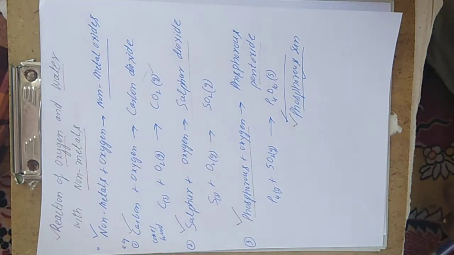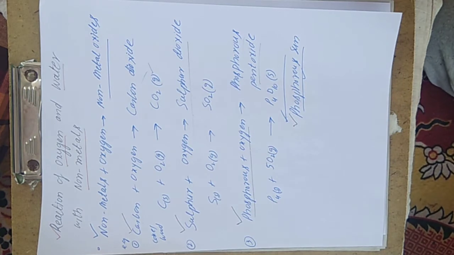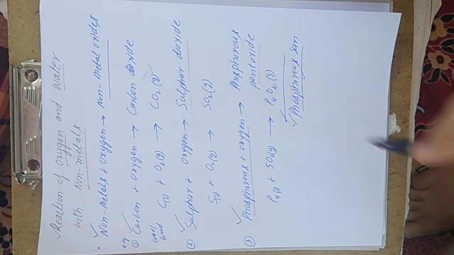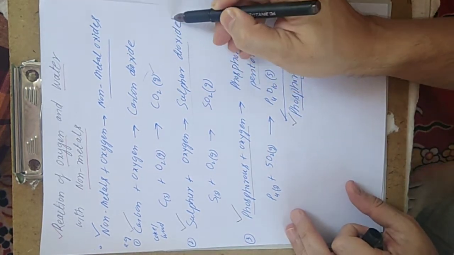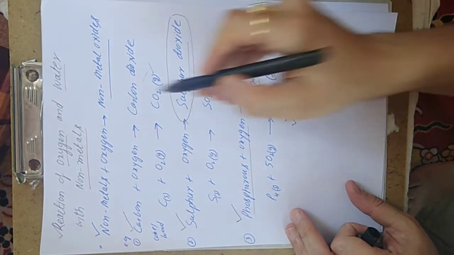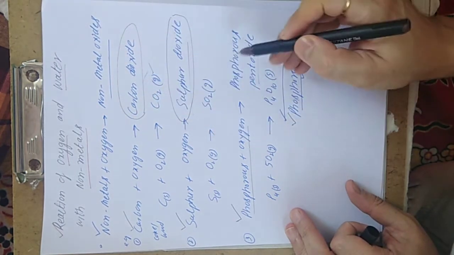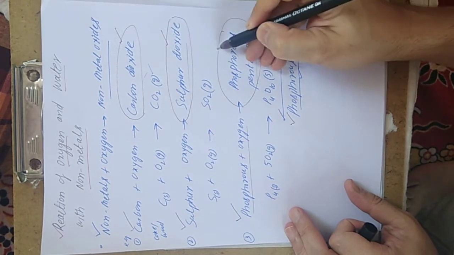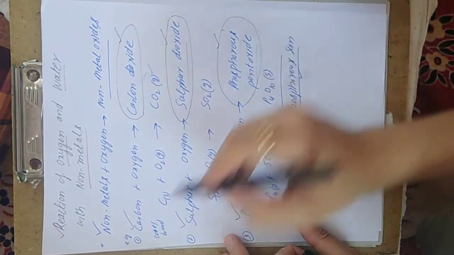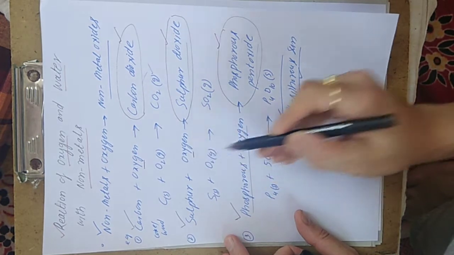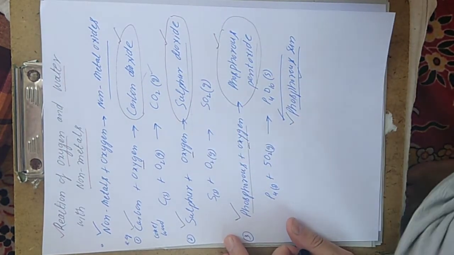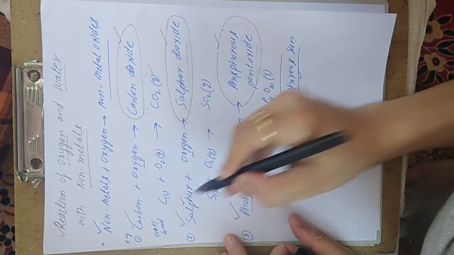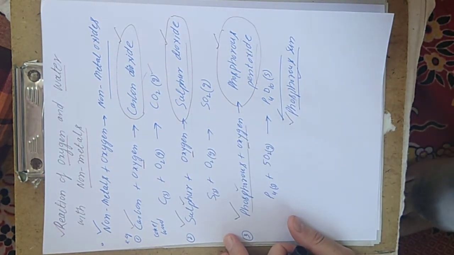Now, as we have seen how non-metal oxides like sulfur dioxide, carbon dioxide and phosphorus pentoxide are formed when the non-metals react with oxygen, and I hope you learned from the previous videos where I showed how sulfur and phosphorus react with oxygen.